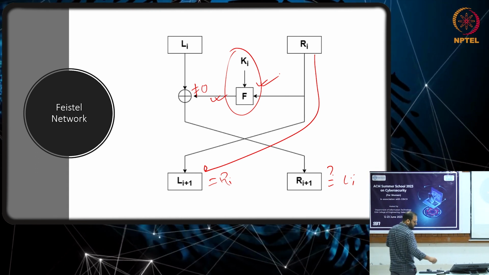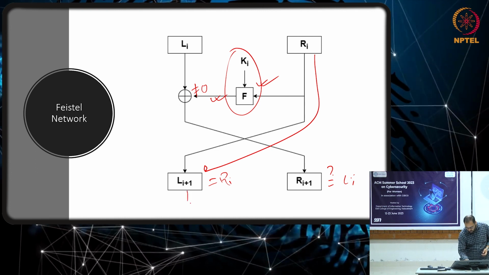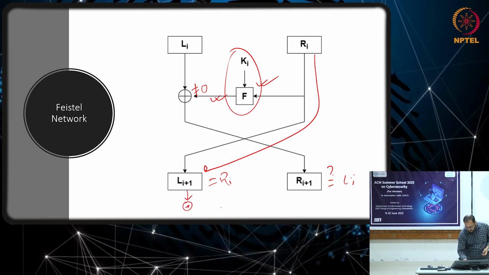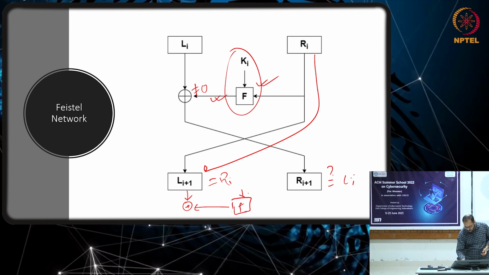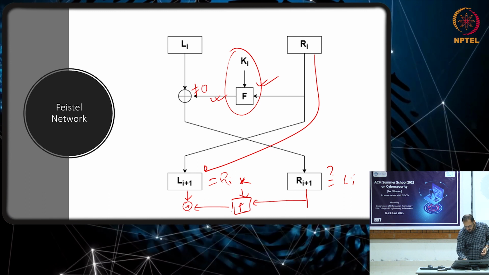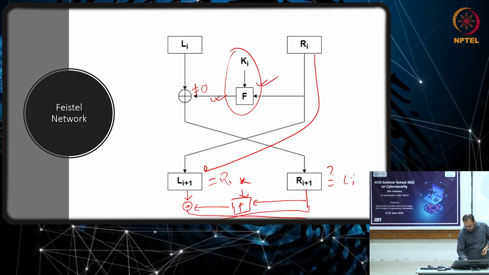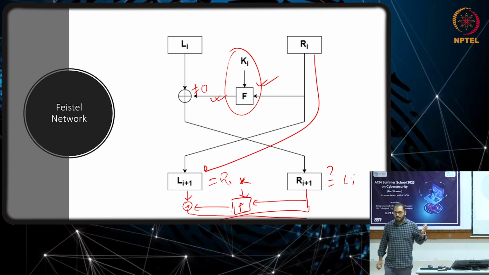This thing will repeat many times. So in the second round, you can just think the same operations are going on. Here this value will come. Here the F function is there. A key is going to this F function and the same thing will happen like the previous round. So in the second round, can you tell me which part is getting encrypted?